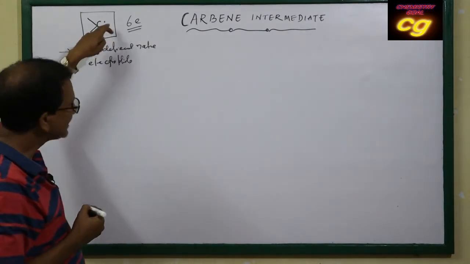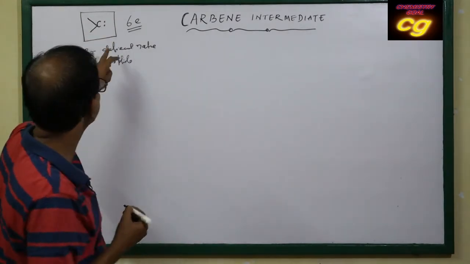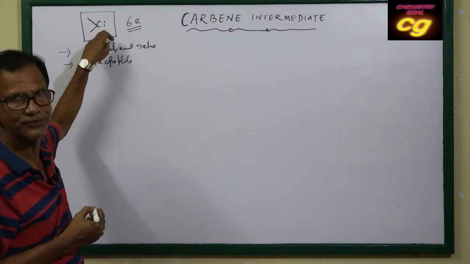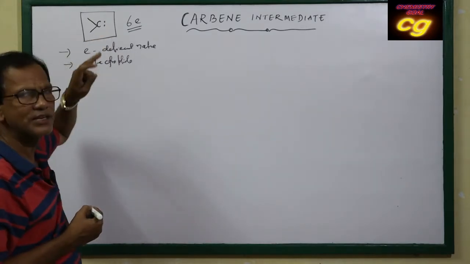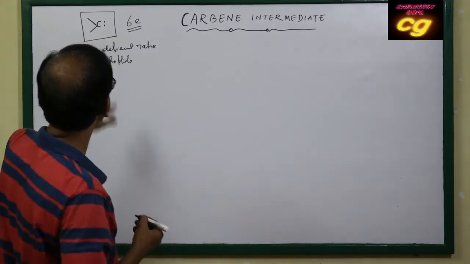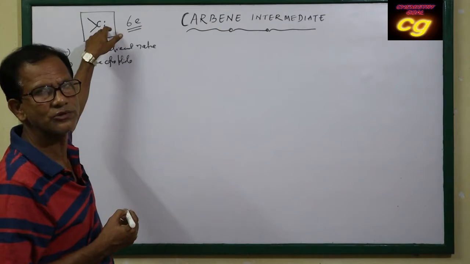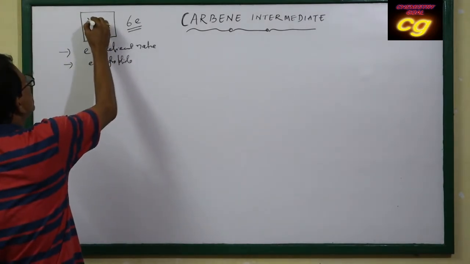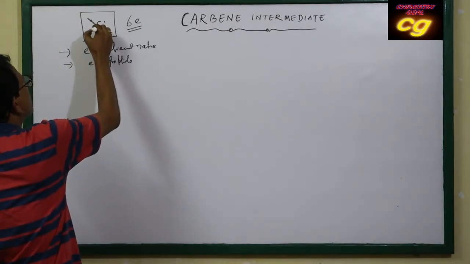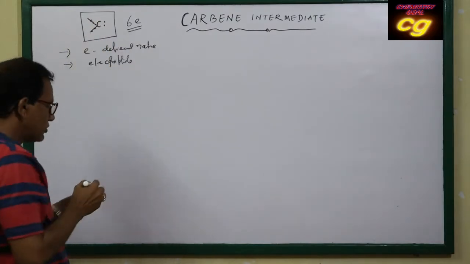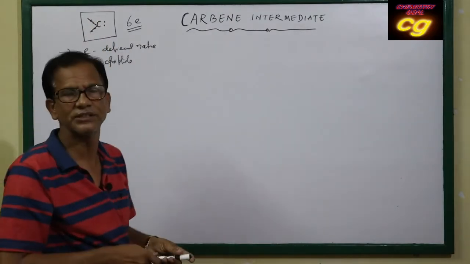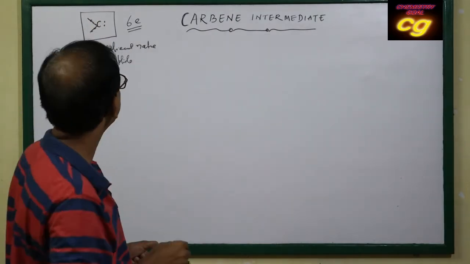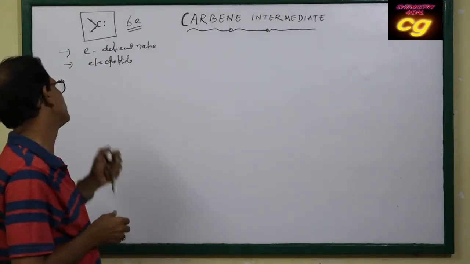Like free radicals, it is also electron deficient because it does not satisfy the octet rule. Two more electrons are needed to satisfy the octet. So you see, this is two electrons and this is also two electrons, so the total electrons around carbon is 6. That's why it is not satisfying the octet rule, so it is electron deficient.